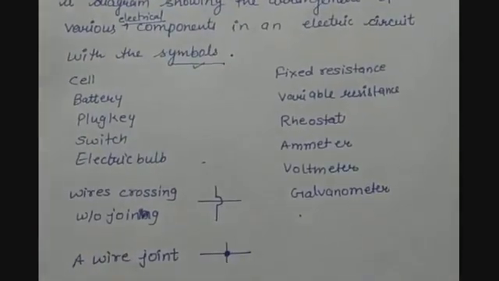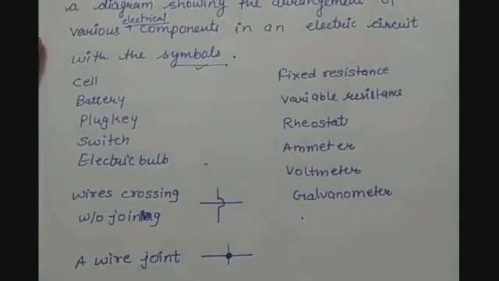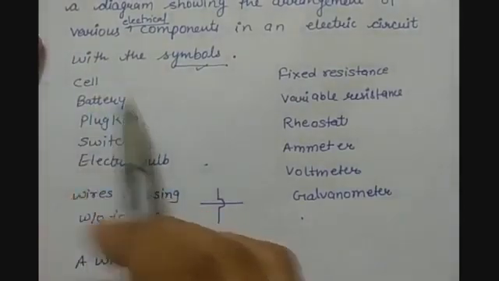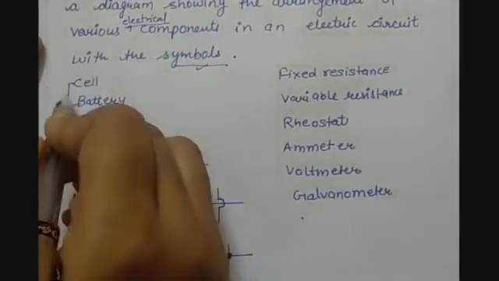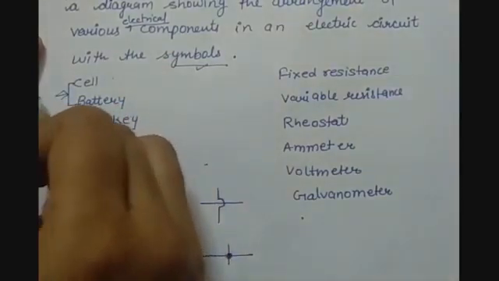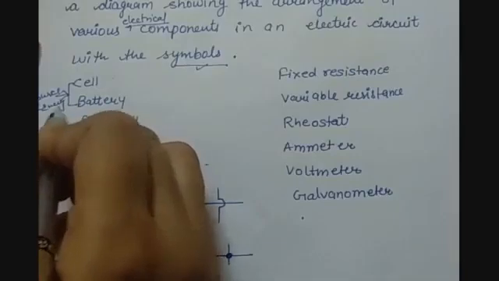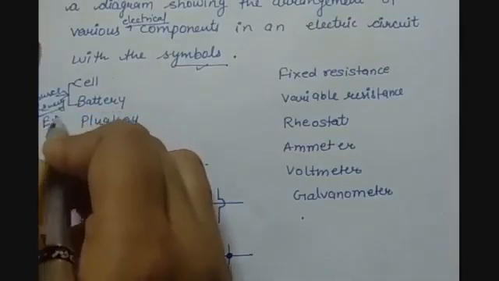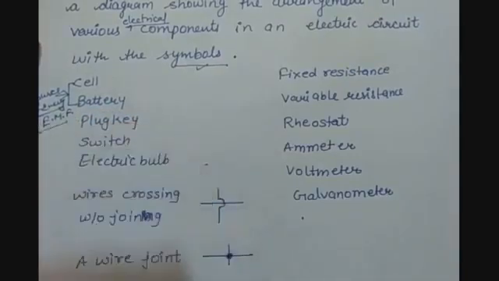So what are the various electrical components that we use? Cell and battery. These are mainly the sources of energy, or you can say the source of EMF. That means cell and battery provide us the electric potential difference so that the charge can move in a conductor.